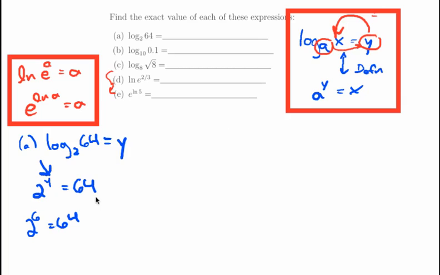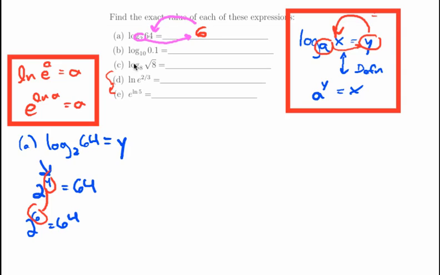It's the power that I place on 2 to get this answer. So I'm going to put that up here in the blank, just as I would on the Mastery Exam itself. So the log base 2 of 64 is 6, because 2 to the 6th power is 64.